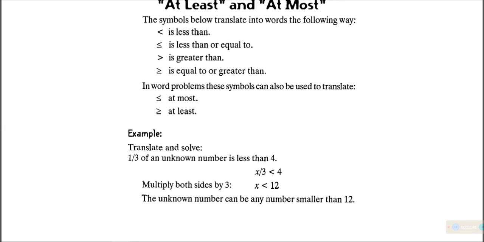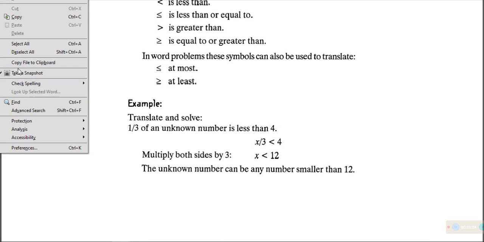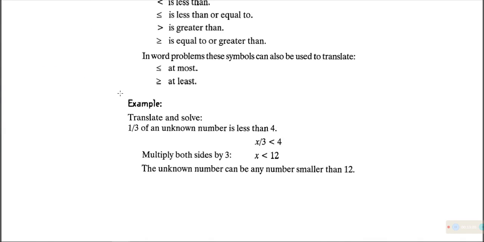Now, let's look at this example. Translate and solve. 1/3 of an unknown number is less than 4. So, 1/3 of an unknown number, sulat natin siya dito, kasi baka malito kayo, bakit x over 3 kaagad?